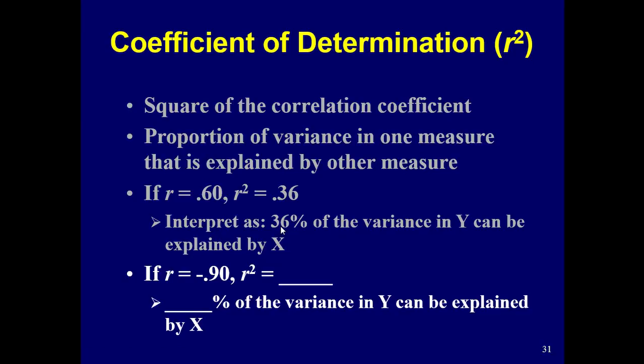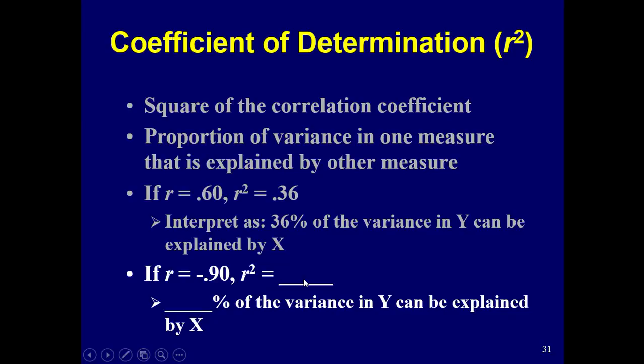So help me on this one. Here we have a strong inverse correlation of 0.90. What is the coefficient of determination? The coefficient of determination is the R squared. You put this into your calculator, you square it, and you find out that the R squared is 0.81.